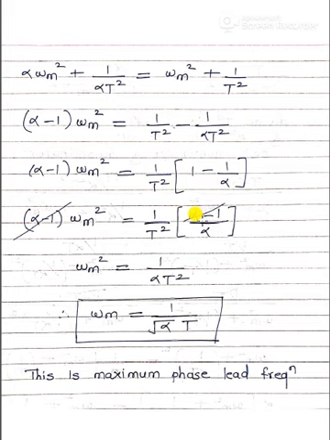Then alpha minus 1 is common on both sides, and we cancel it. Omega m square is equal to 1 upon alpha T square. So omega m is equal to 1 upon root alpha T. This is the maximum phase lead frequency, and we have derived this equation.